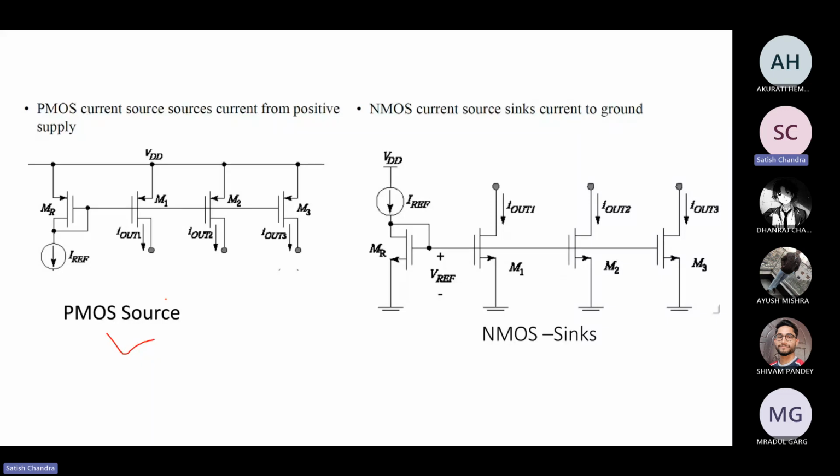Here we have connected drain to gate, which means we design a current mirror, and this current mirror behaves like a source, whereas this behaves like a sink because it is continuously draining through the ground. So NMOS behaves like a sink, and this behaves like a source only.